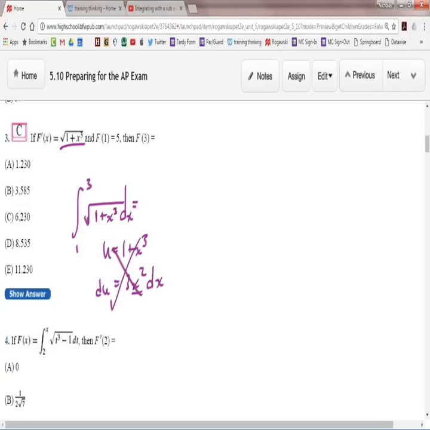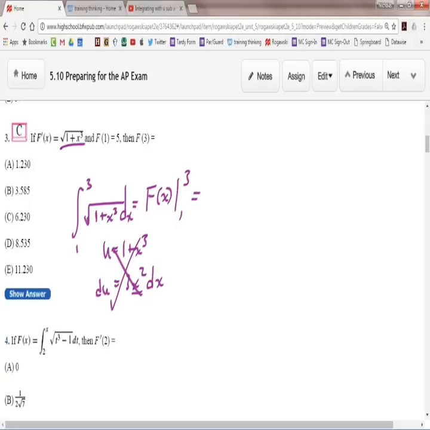Now, because it does say C, and because I'm looking at my answers right here, I'm assuming that we're going to be using a calculator. So let's hypothetically take the antiderivative. If I hypothetically take the antiderivative, I would get capital F, because this is f prime. If this is f prime, then our antiderivative would be capital F. And then we would put an x right here, and then we would plug in the 1 and the 3.